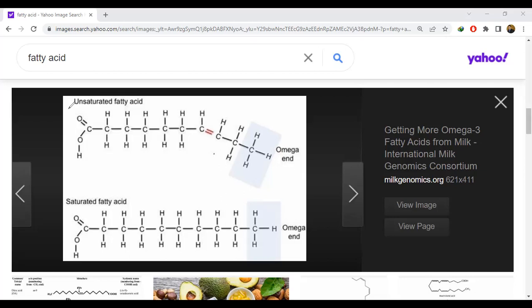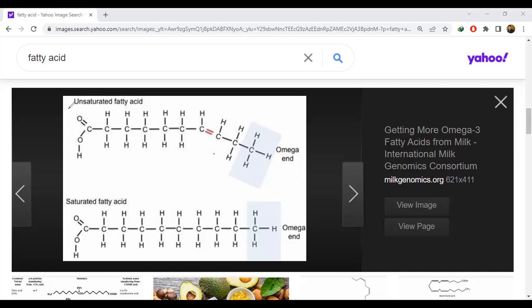Unsaturated fat. Definition-wise it is easy. What is saturated fat? Fats that are made up of saturated fatty acids. What is unsaturated fat? Fats that are made up of unsaturated fatty acids.